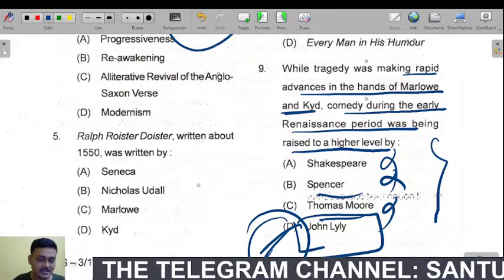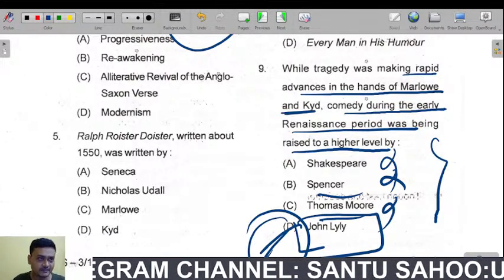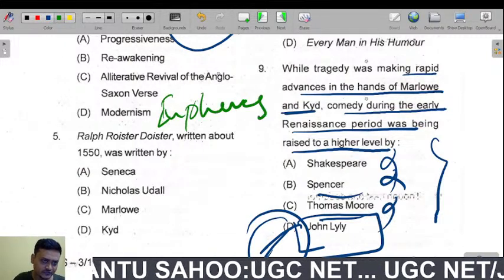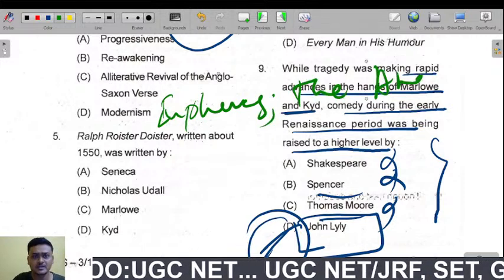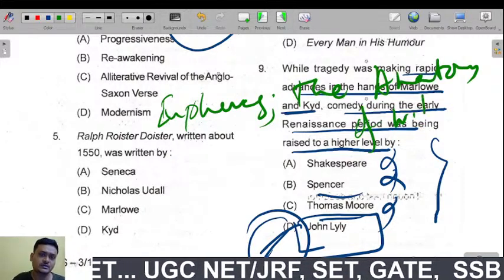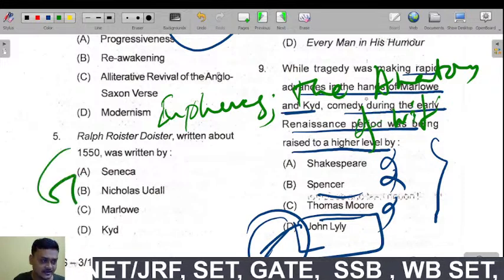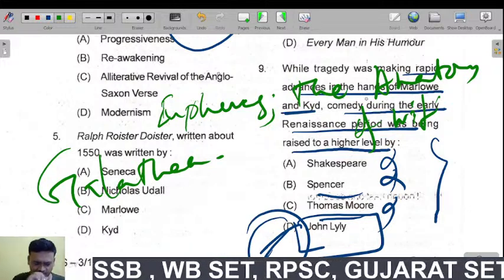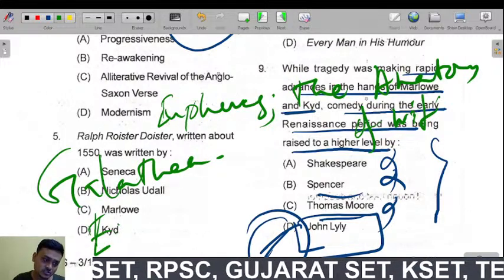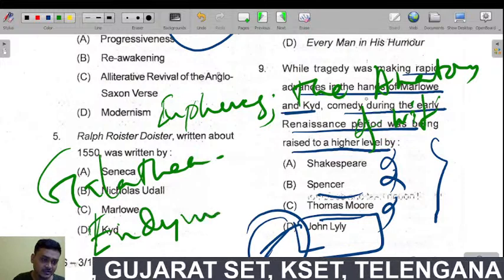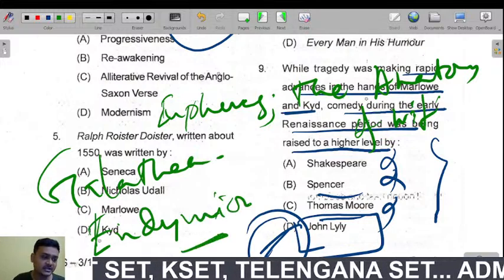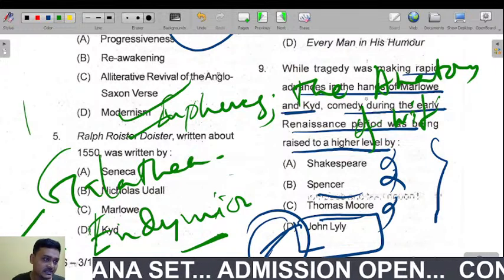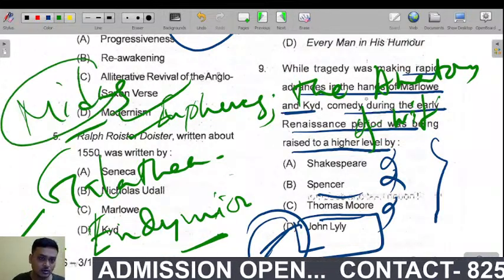John Lilly's famous works are Euphues, the Anatomy of Wit, Galathea, Endymion, which is also a play, and Midas. These are all works by John Lilly.